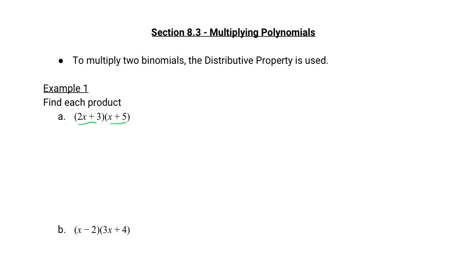First method, I'm gonna write this first polynomial, 2x plus 3, sorry about the dog in the background, in a column. And then next to that, I'm going to write this second polynomial next to each row.